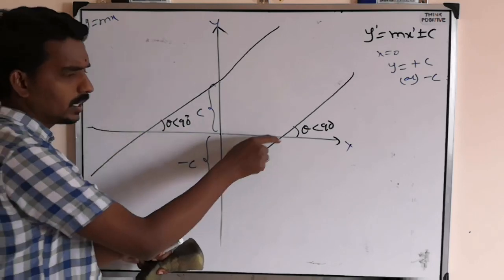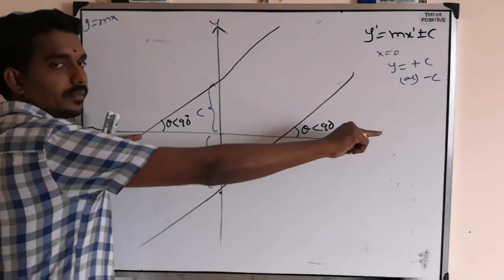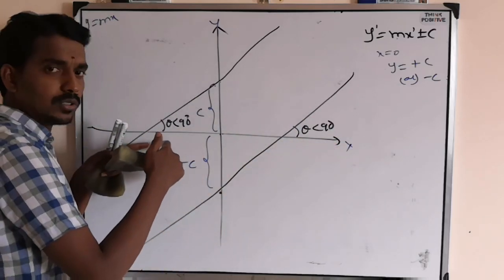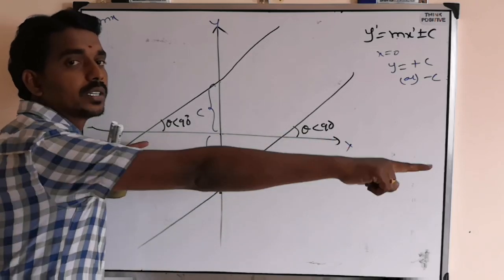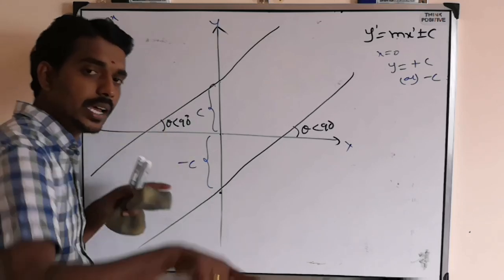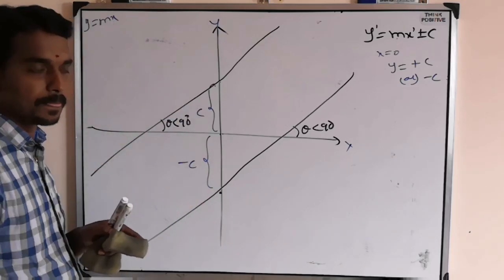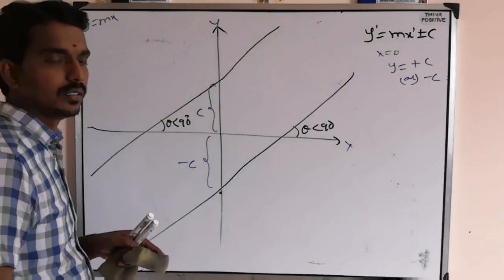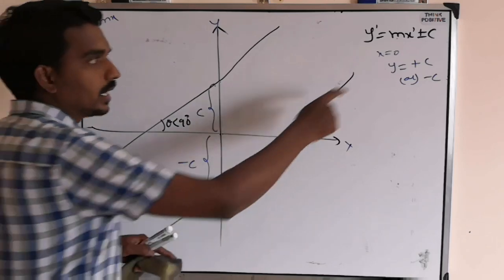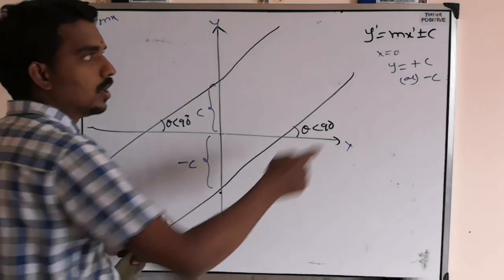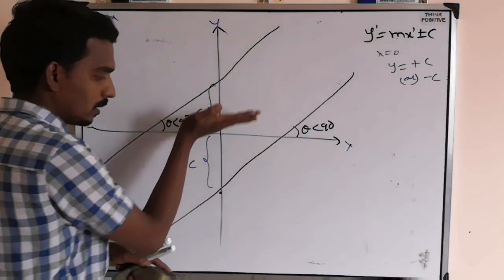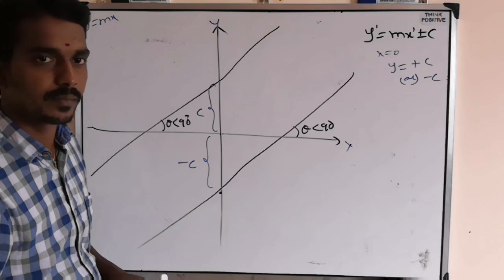You take here, here, anywhere. The line is towards positive axis. This is negative side, but this direction is positive side. So with the positive x-axis, it is making angle less than 90, so slope is positive. When slope is positive, then it should go from 1 to 3, like this. But there is some plus or minus intercept, so plus c above the x-axis, minus c below the x-axis.